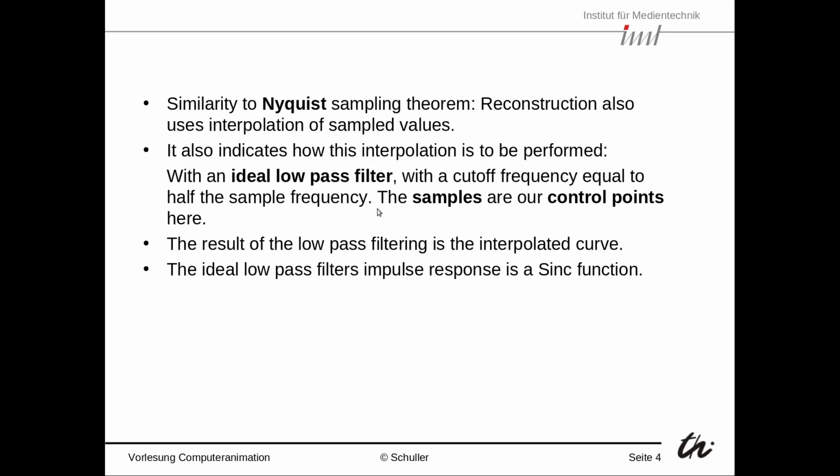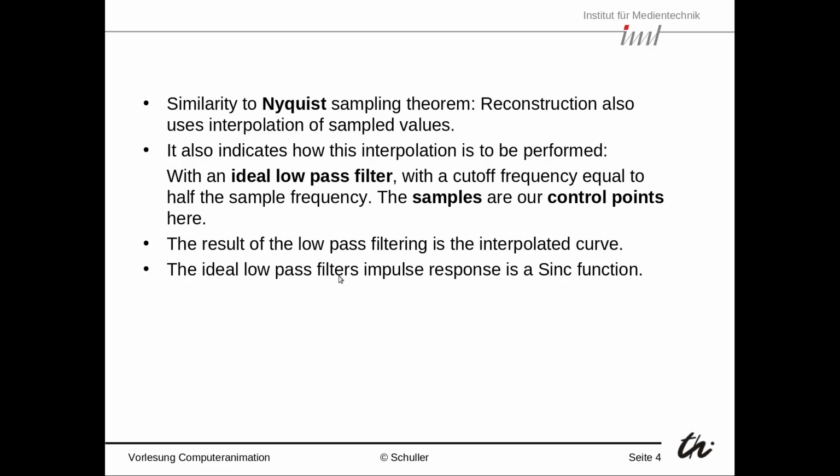So the samples are now our control points, and that means we need to adapt our low-pass filter to the sampling frequency, so how often those samples appear. We will see how that looks graphically in a moment. The result of the low-pass filtering is then our interpolated curve.